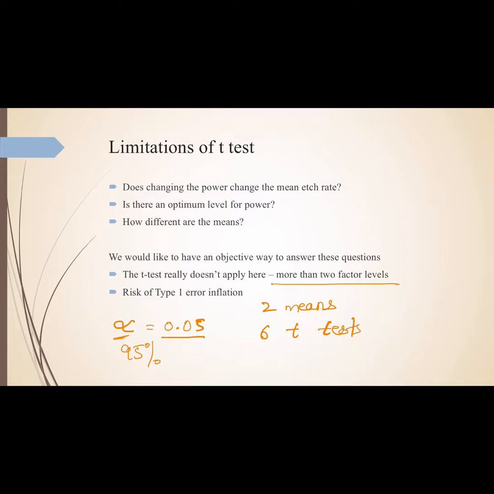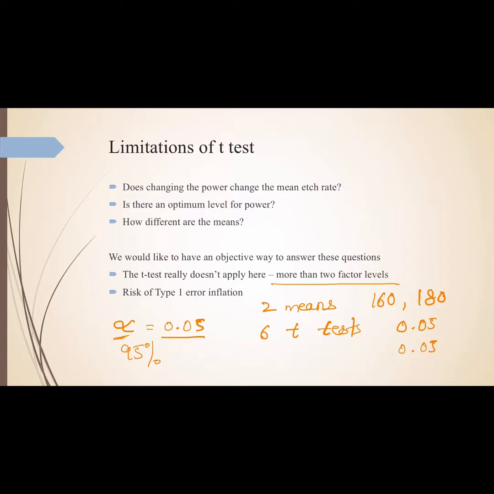That means, say if you compare two means first, say the means at 160 and 180 power setting, right? The alpha error that you are allowed to commit here is 0.05. That's it, right? Now, if you take some other power setting, even there, the alpha error that you could commit is 0.05.